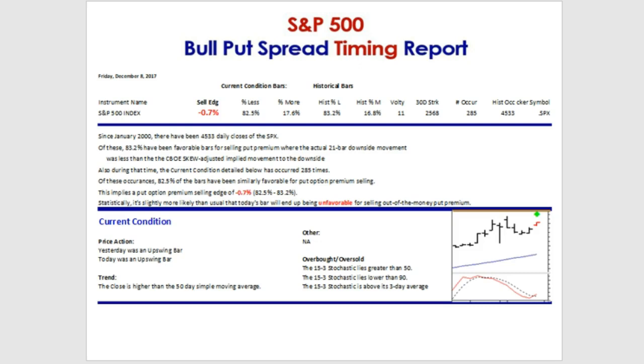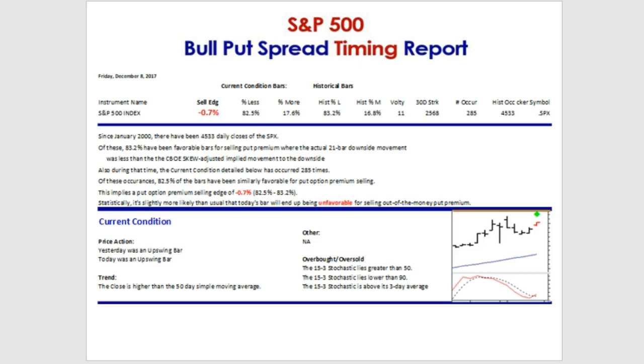So the implied move to the downside is going to be a bit higher than the implied move to the upside. So when we look at that implied move to the downside, 83.2% of the time, the market does not move that far. 16.8% of the time, it does move that far. So that's our benchmark.